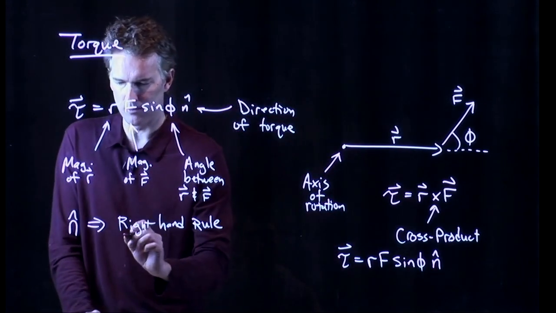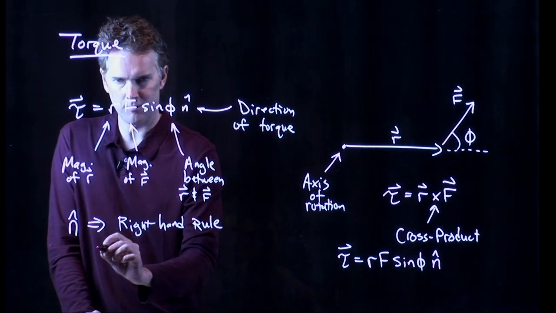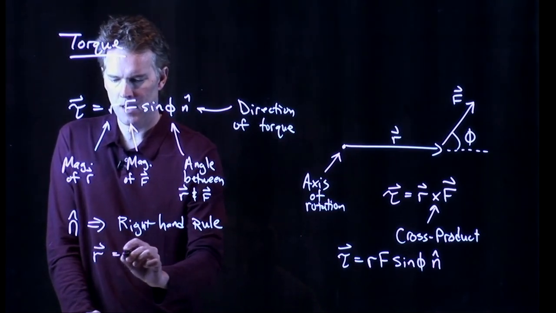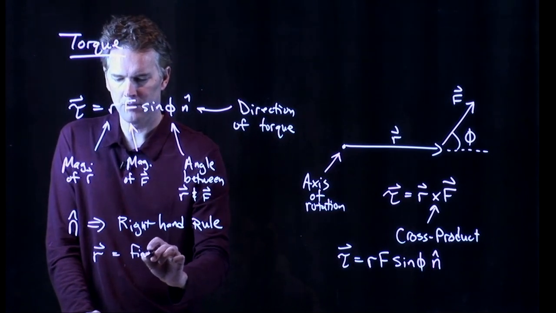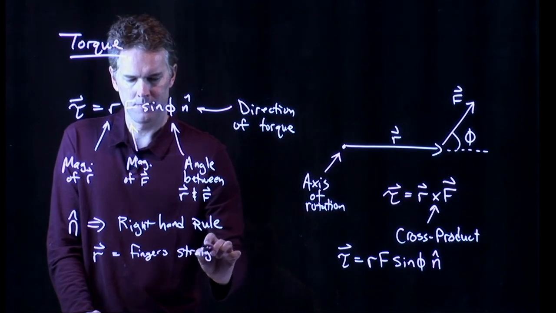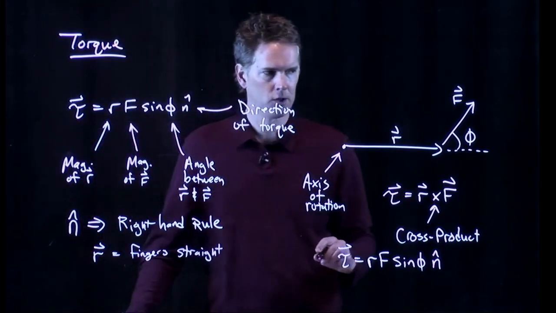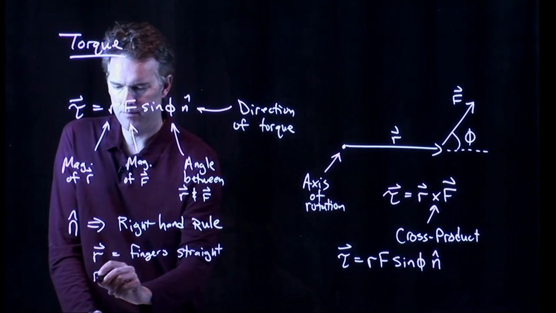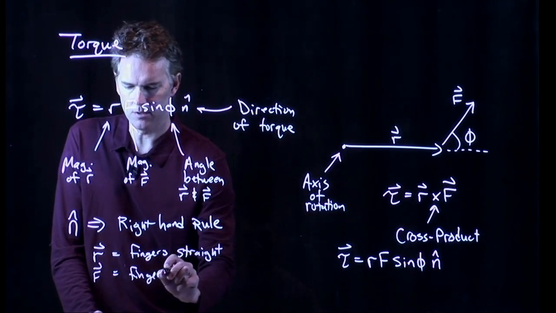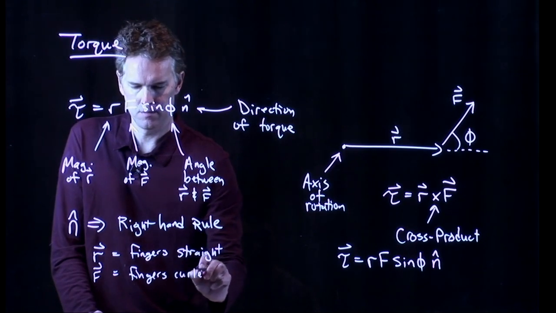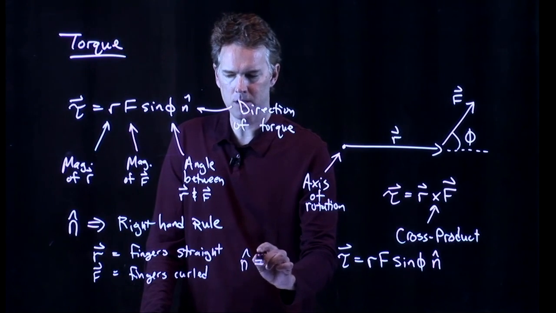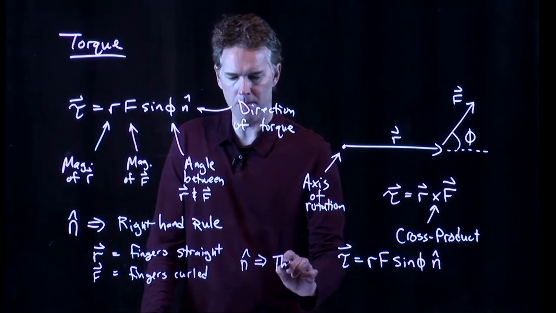Okay, it's called the right-hand rule. And what it says is the following. If I take the direction of R and I put my fingers straight, and then I take the direction of F and I curl my fingers into that direction, then N hat is the direction of your thumb.